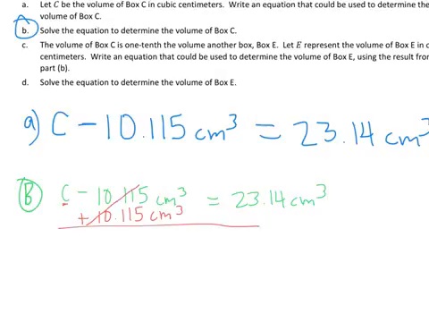I'll just be left with C. Now, what I do to one side of the equation, I have to do to the other side to keep the equation equivalent. So if I added this 10 and 115 thousandths, I have to do it over here as well.